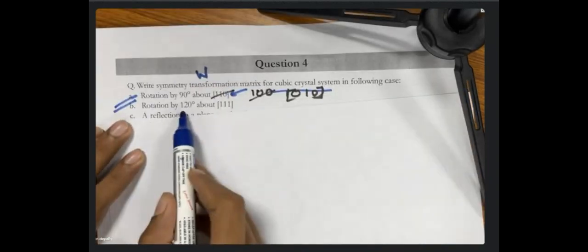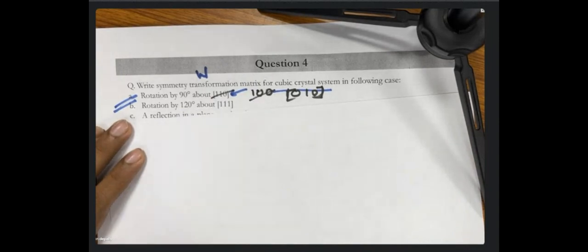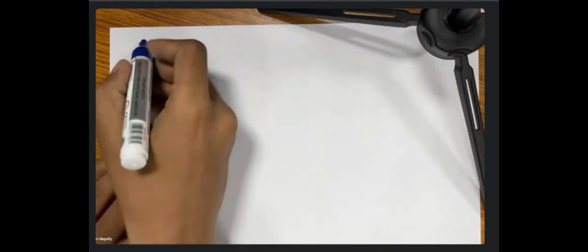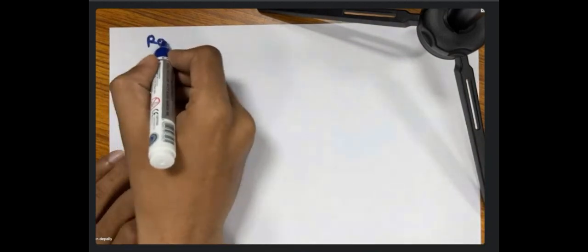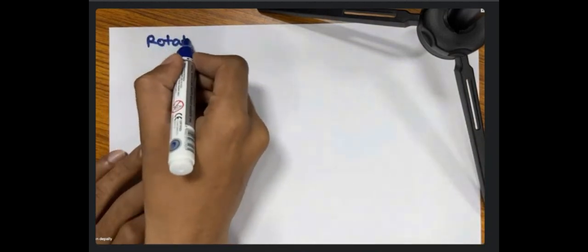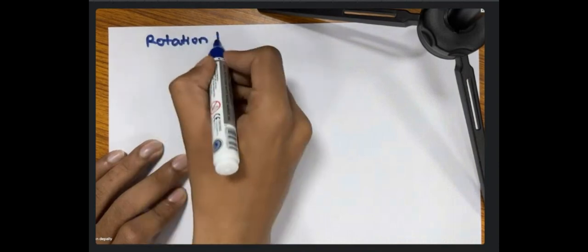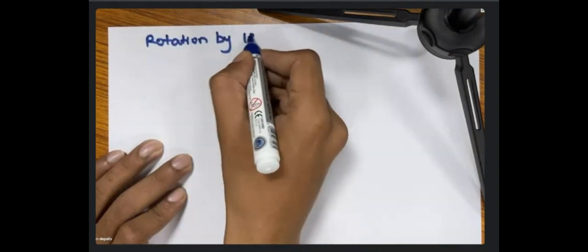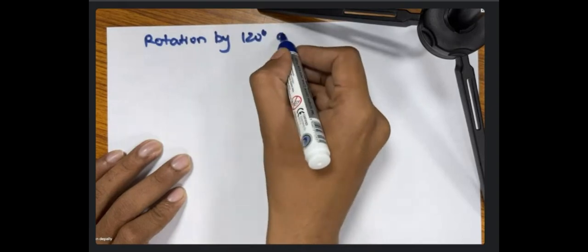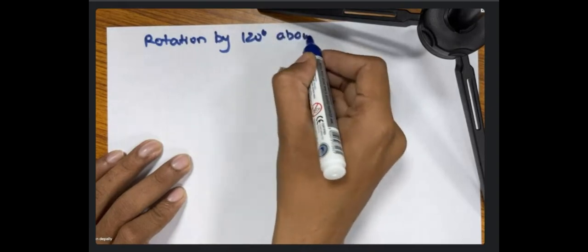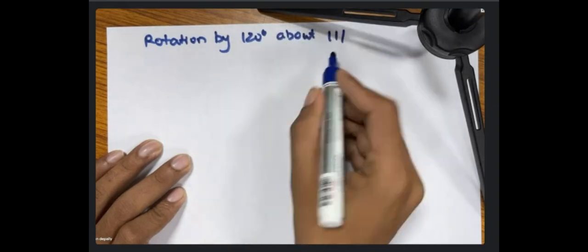which is telling that the rotation by 120 degree about [111]. Okay, again we will draw the cube. We need to discuss about the rotation by 120 degree about [111].